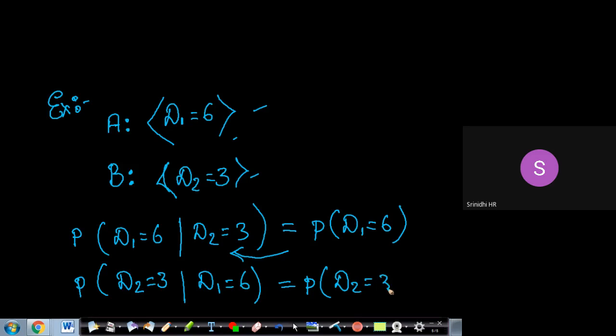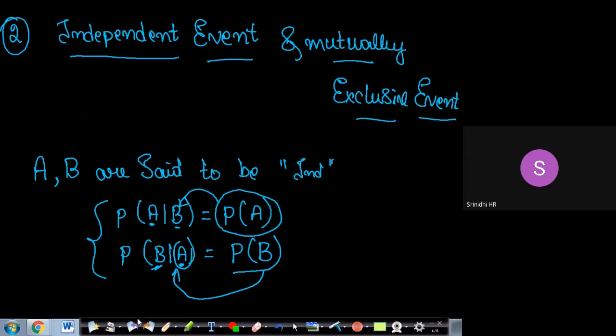Exactly. So what does it mean? D2 is not dependent upon D1. Did you guys understand? Can anybody let me know whether you have understood this concept? Yes, sir. Independent events. So this is my second fundamental. You need to know what independent events and mutually exclusive events are.